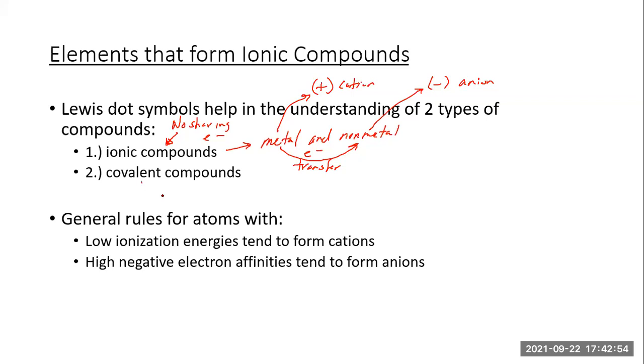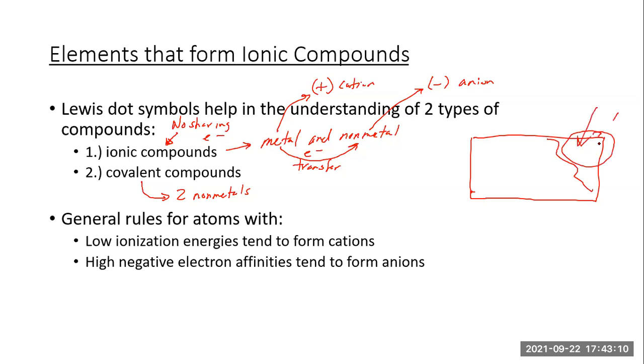Covalent bonding, on the other hand, is really between 2 non-metals. Based on those periodic trends, if you remember, we talked a little bit about some periodic trends, because the non-metals are pretty much all located within the same region of the periodic table, they have very similar periodic trends. What that means is they have very similar properties in terms of what they like to do with their electrons, and that means that they both really like their electrons.